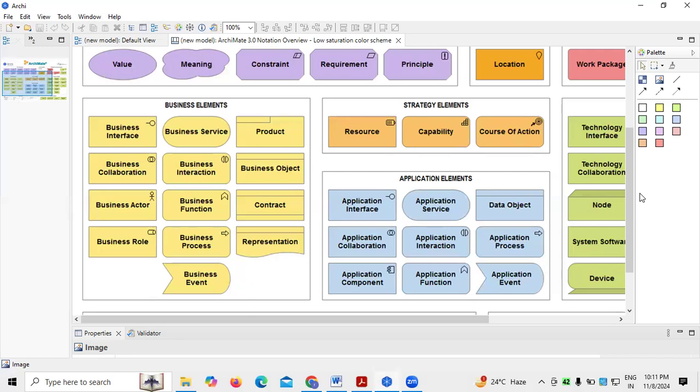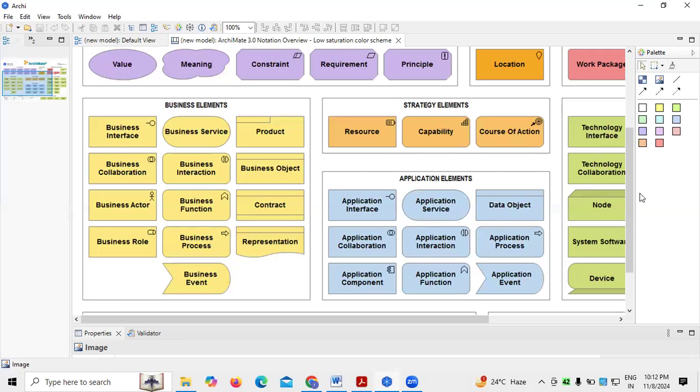Building the strategy for an enterprise is essentially important, so for that, the resources that are essentially needed will be taken into consideration. Next, capability, right? Business capability and enterprise capability, the business capability matrix, one should understand, followed by the course of action that we want to be implemented.